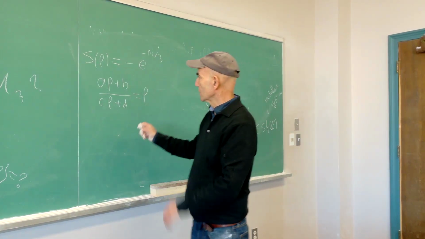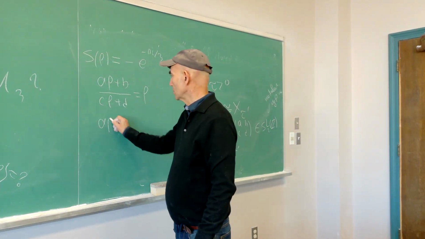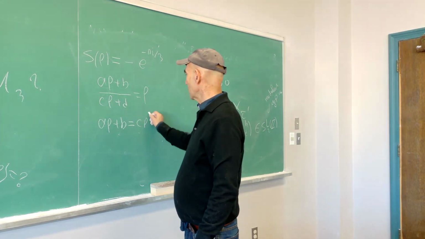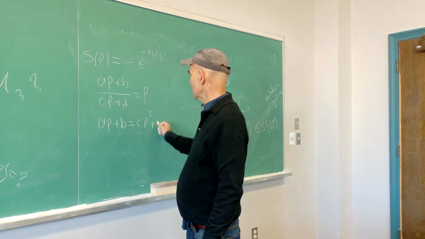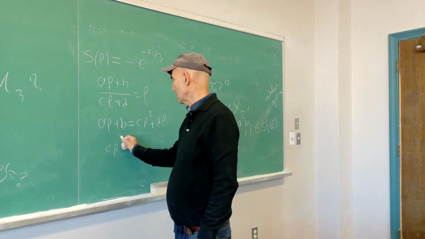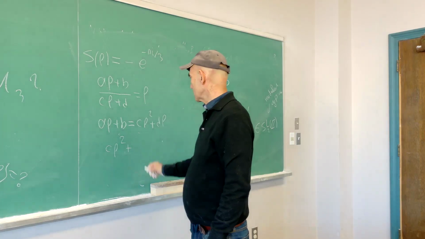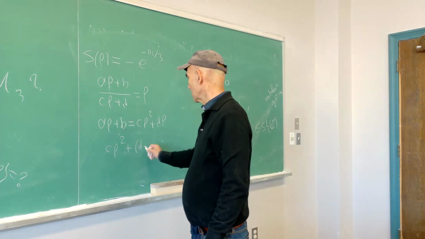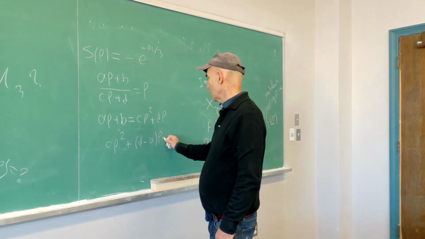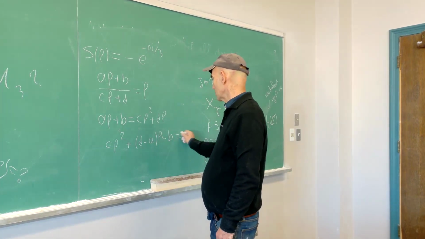So if we do cross multiplication, you get A rho plus B is equal to C rho squared plus D rho. So we have C rho squared plus D minus A rho minus B equal to 0.